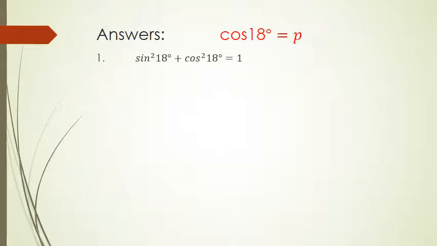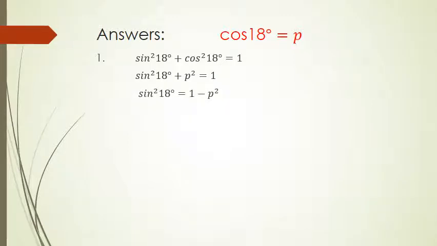In the first question, we were required to calculate sine 18 degrees, and observing that the angle 18 degrees is the same as 18 degrees given here, we can use the identity sine squared 18 degrees plus cos squared 18 degrees equal to 1. Then substituting for cos 18 degrees, we have sine squared 18 degrees plus p squared equal to 1.